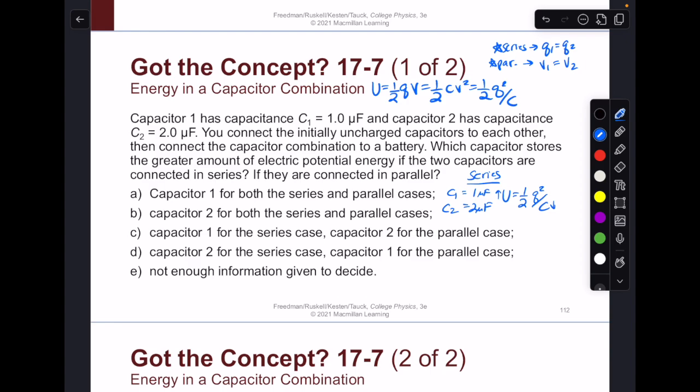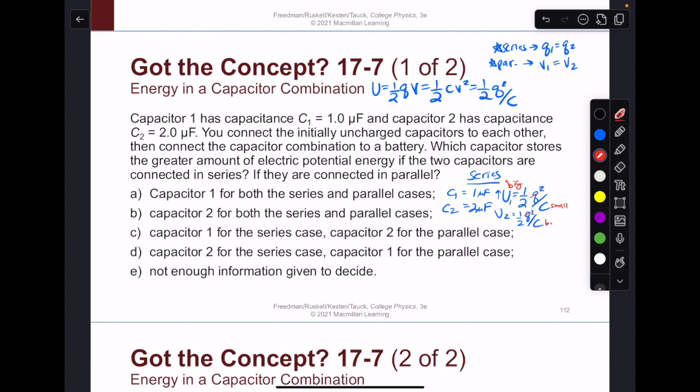And since the Q's are equal, if we're comparing U1 to U2, you can clearly see since the Q's are equal, we don't consider it. C1 is small, which makes U1 big.